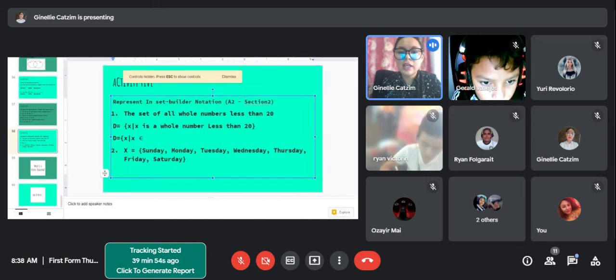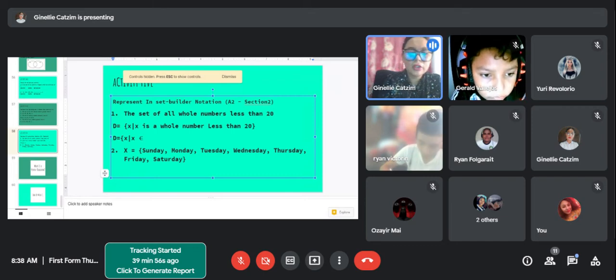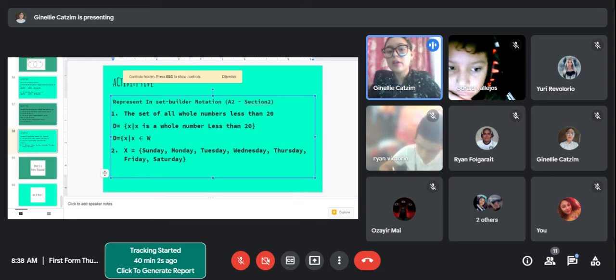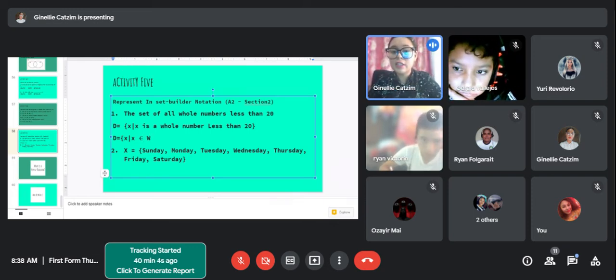So x is an element of the whole numbers. Whole numbers is represented by W, right? We could also have it in that way: x is an element of the whole numbers where x is less than 20.